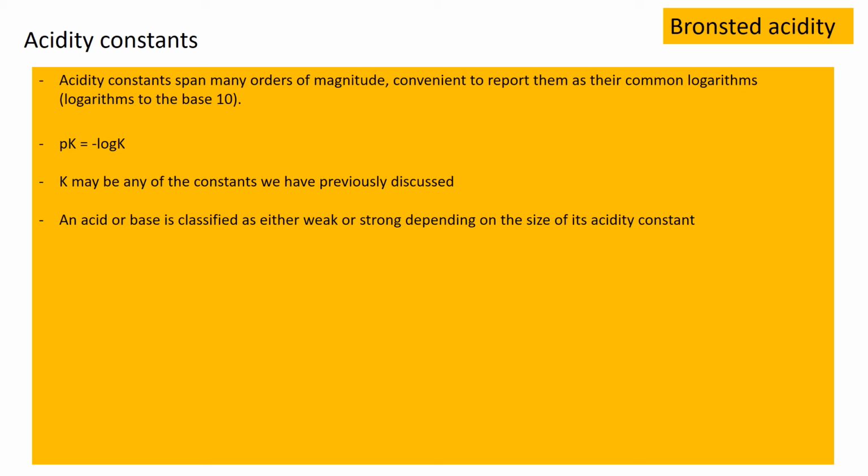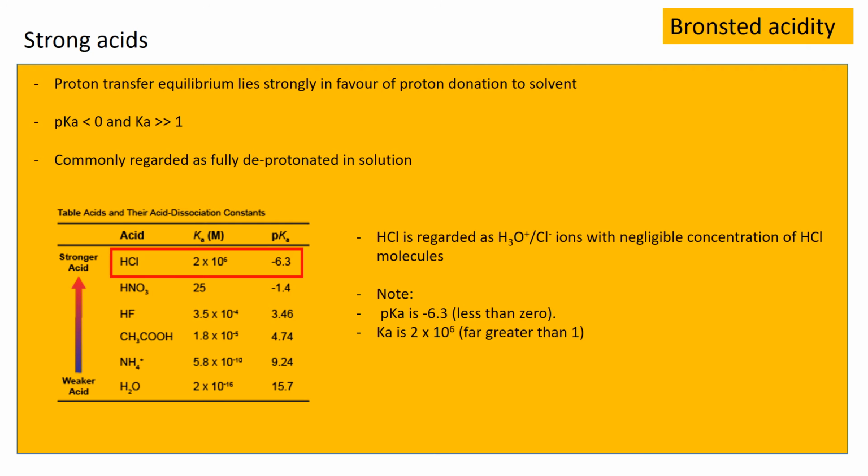The pK value then is equal to the minus log of K, where K can be any of the acidity or basicity constants that we've previously discussed. And an acid or a base is classified as either weak or strong depending on the size of its acidity constant. So have a look at these values here.